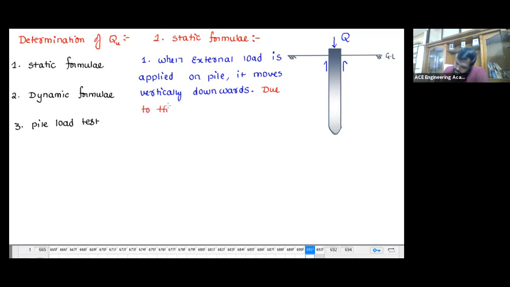Due to this, shear or friction develops between the pile and soil, known as skin friction.